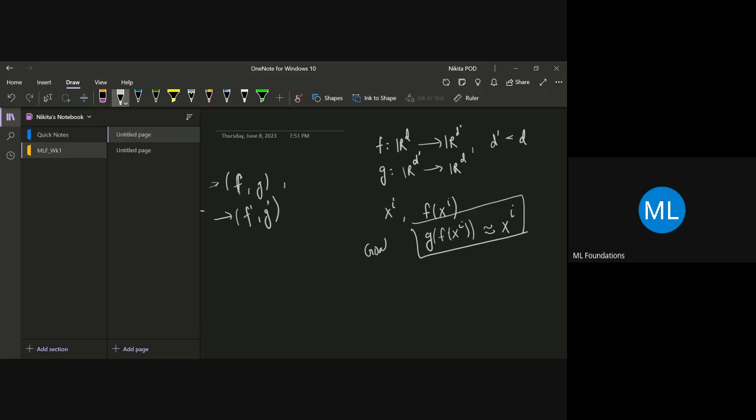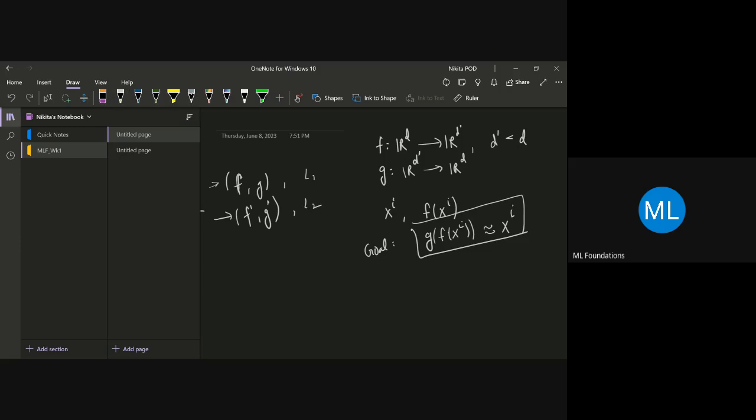Now you have two pairs, f comma g and f dash comma g dash. To check which one I should choose, you calculate the loss first for the first pair. Let's say this is L1 and this is L2.